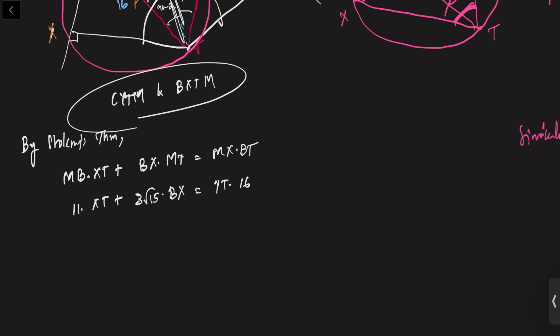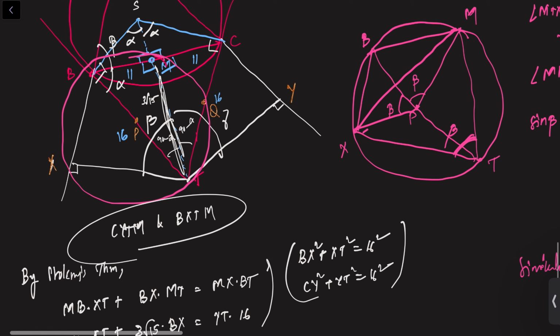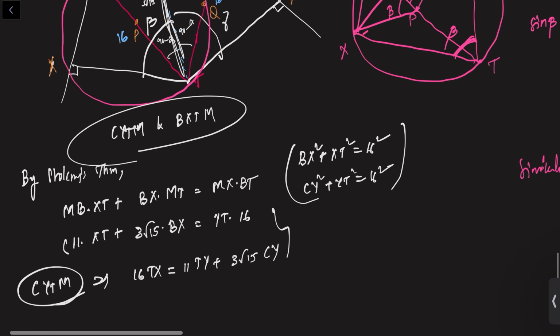Similarly, we can write for the other quadrilateral, CYTM: 16 times TX is equal to 11 times TY plus 3 root 15 times CY. We also have that BXT is a right triangle and CYT is also a right triangle. So BX square plus XT square is 16 square, and CY square plus YT square is also 16 square. So we have these two sets of equations.